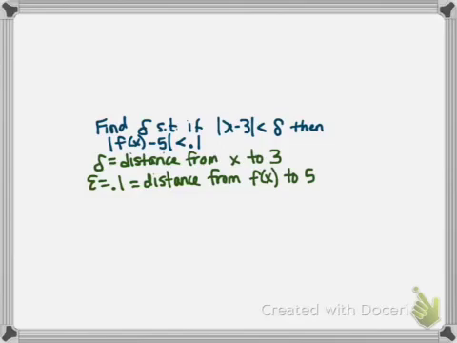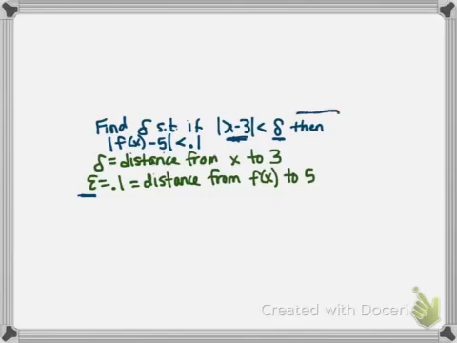Remember, absolute value means distance. So this is really saying the distance from x to 3. Delta represents the distance from x to 3. I haven't introduced it, but you'll see epsilon, the distance from the y value, the function, to the y value I'm looking for.